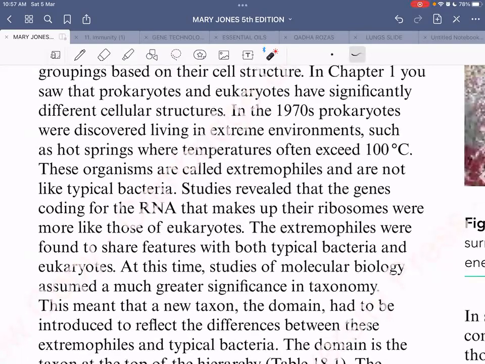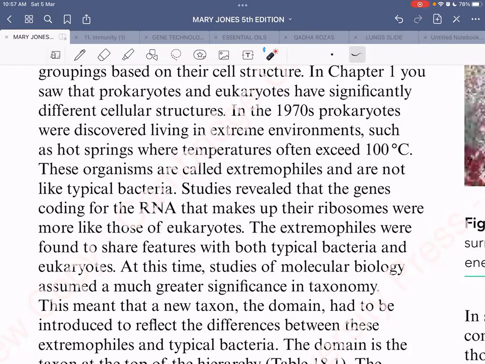हैं तो ये बैक्टीरिया ही, लेकिन इनके कुछ फीचर्स थोड़े से डिफरेंट हैं. What is the difference? Studies revealed that the genes coding for the RNA that makes up their ribosomes were more like those of eukaryotes. ठीक है? Give me an answer, Mariam. Do prokaryotes generally, हमने जो AS में किया था, do they have ribosomes?